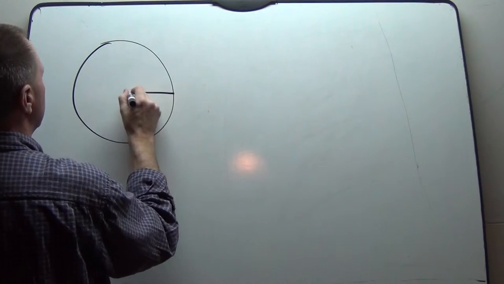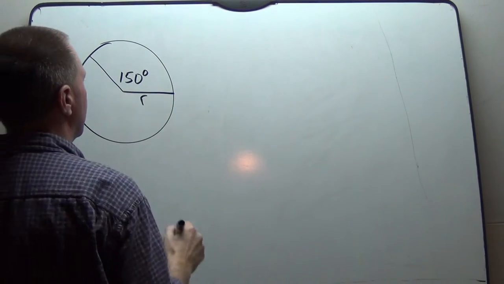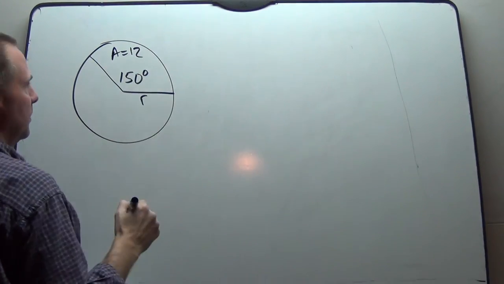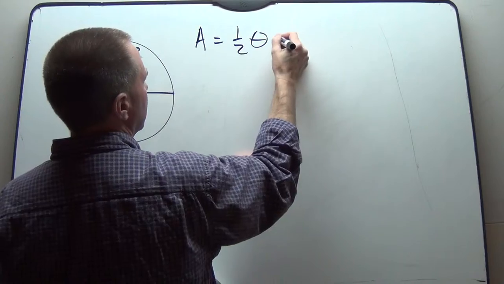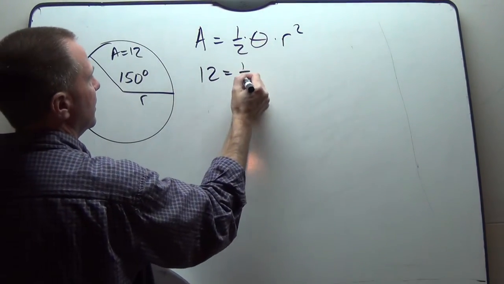Let's do part B. Here they give us the degree as 150 degrees, and we still want to find the radius, and the area is still 12. Again, area equals 1/2 theta r squared. Area is 12.